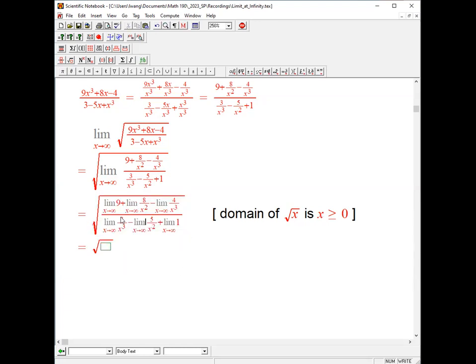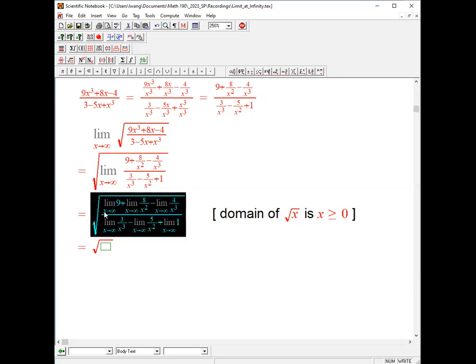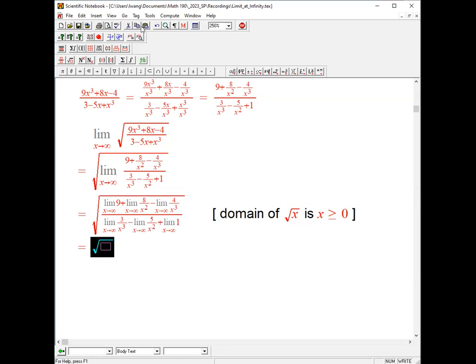And what do we have here? As x approaches infinity, the limit of 9 is 9. And this piece is 0, which we're quoting from this theorem.